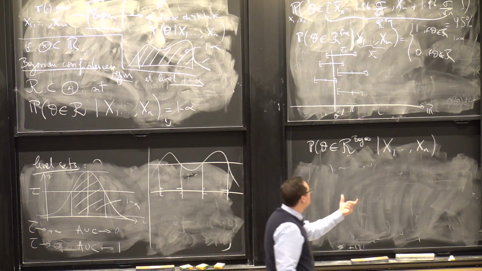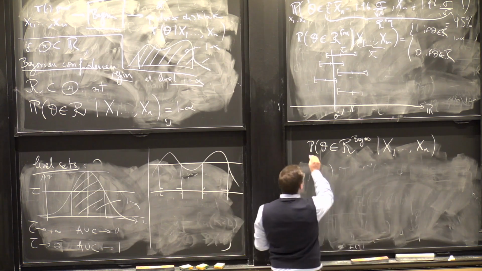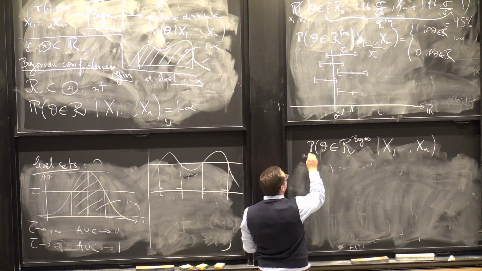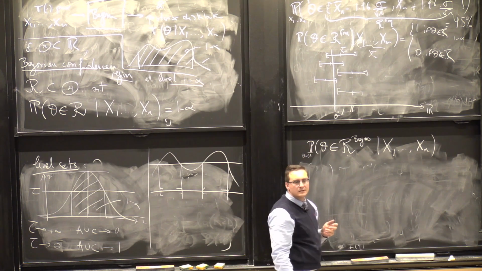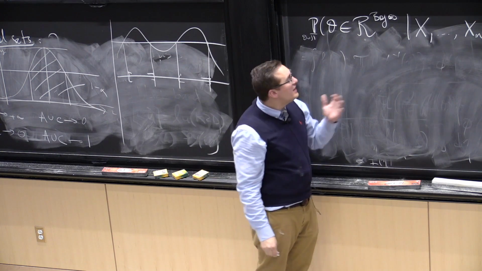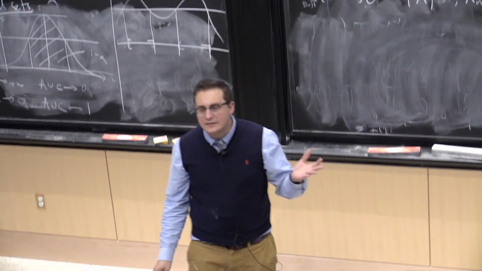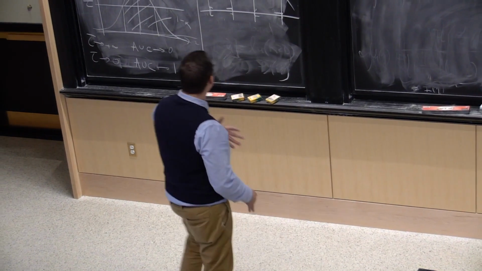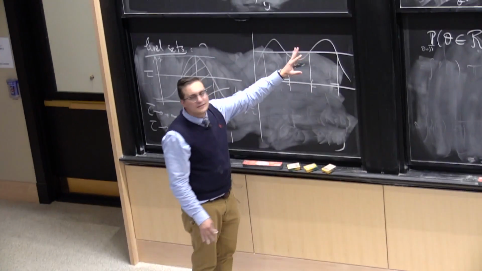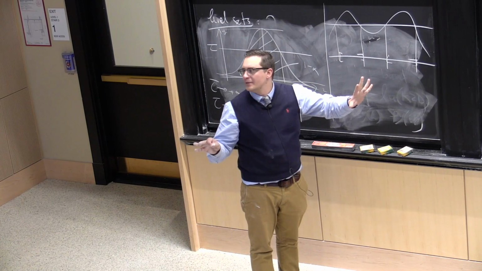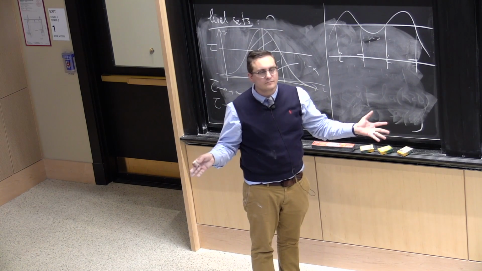Here, since I've conditioned on x1 through xn, this probability is really just with respect to theta drawn from the prior, right? And so now it has a slightly different meaning. It's really making a statement about where the regions of high probability of your posterior are.